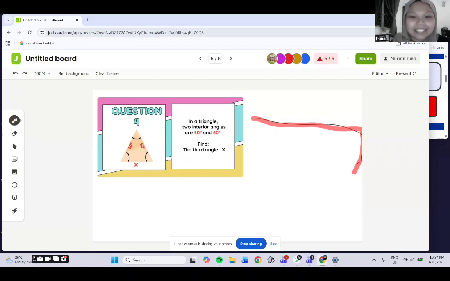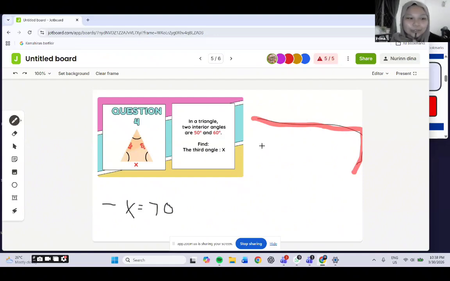Okay, maybe I can just write the calculation here. It might be hard. Okay, so the answer is what earlier? X is 70, right? Okay. So I'm sorry if the handwriting is quite indecent because I'm writing with my mouse.